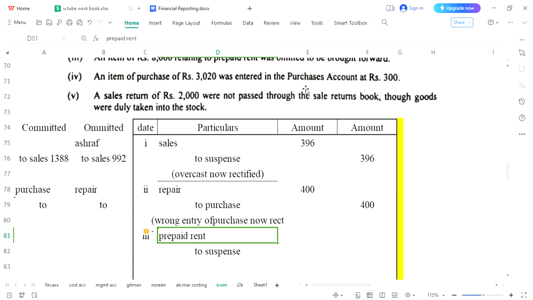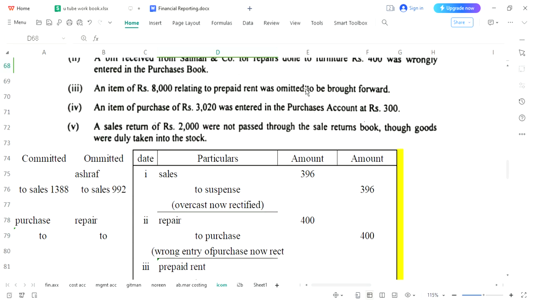The mistake which we have done is what? We have omitted. Omitted means we haven't written this entry. When we have forgotten, when we have not written the entry, how will we rectify it? When we remember, we will write this entry exactly at the same position.